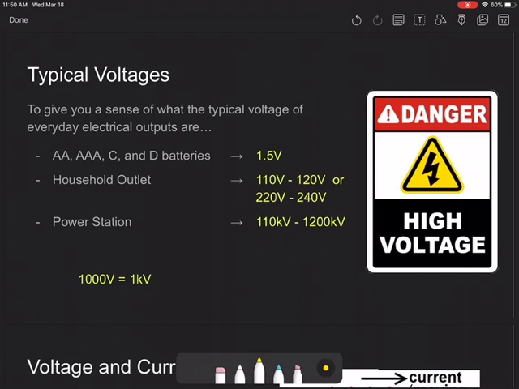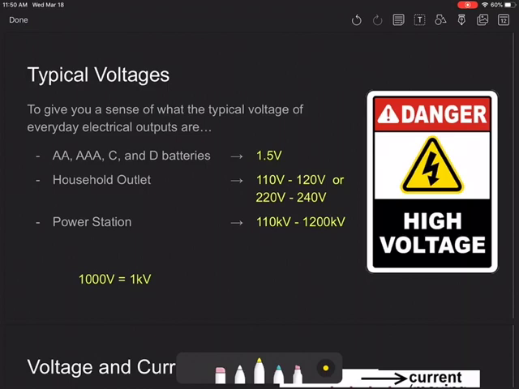But some countries around the world have higher electrical outlet voltages, something like 220 volts to 240 volts. That's why sometimes if you go traveling, you might need an electrical adapter, because if you put too many volts into your device when it's not used to it, or too few into your device when it's used to more, then it could damage your device as well.